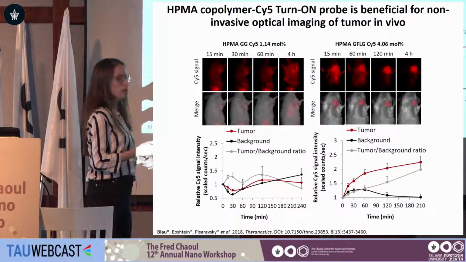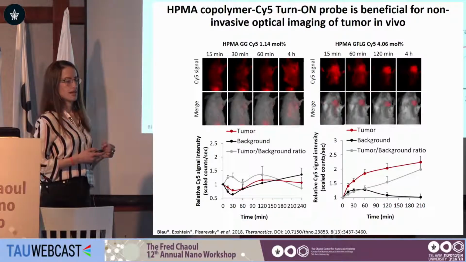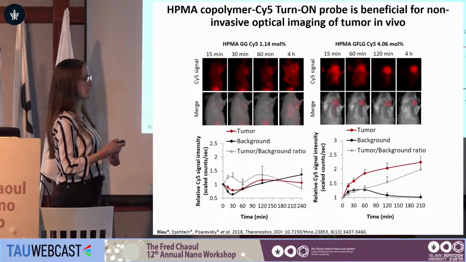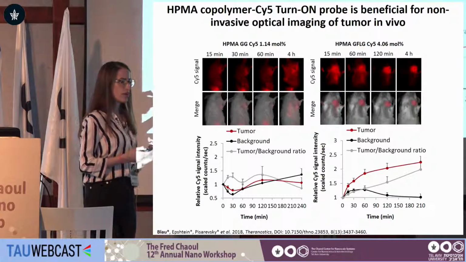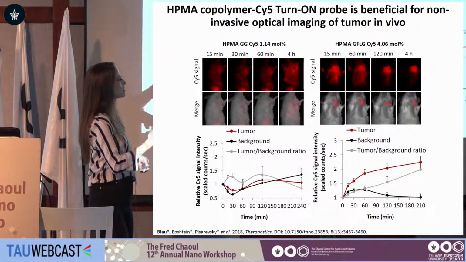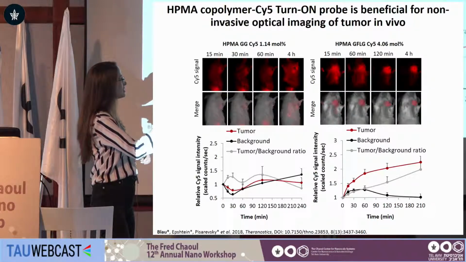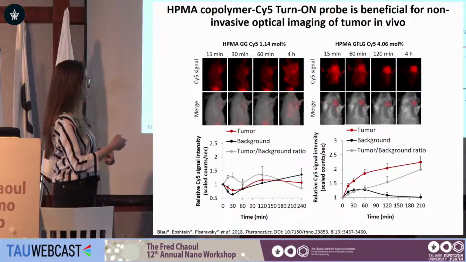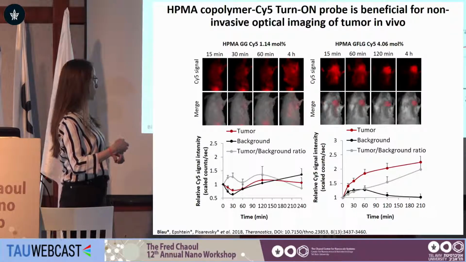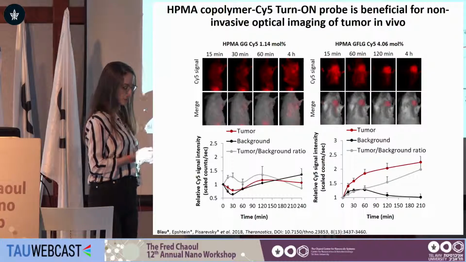And in order to show the importance of the additional turn-on ability, except from exploiting the EPR effect, we used a control probe that is always on because it possesses a non-cleavable glycine-glycine linker. And we showed that during 4 hours post-IV injection, the tumor to background ratio was not elevating.